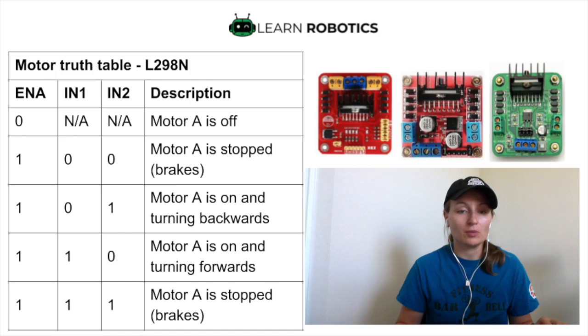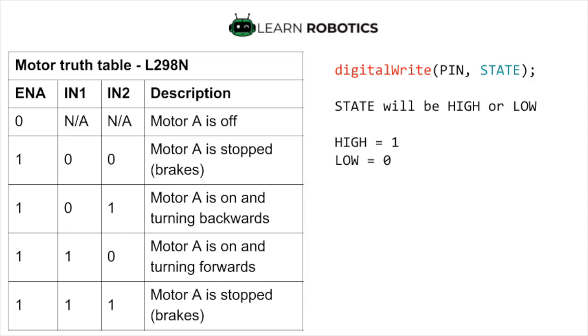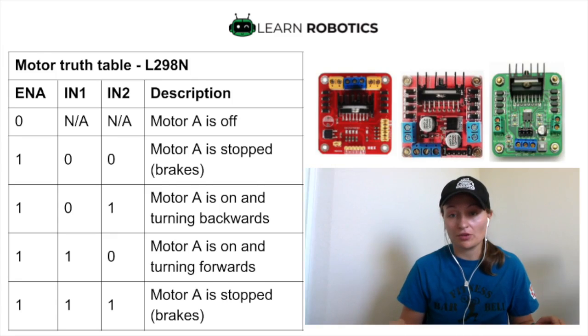To make the robot move forward, we set enable A to 1, input 1 to 1, and input 2 to 0. We'll be doing this using the digital write commands, where 1 is high and 0 is low. Lastly, there's another command you can use for a hard stop, and that's setting enable A, input 1, and input 2 all to 1s.